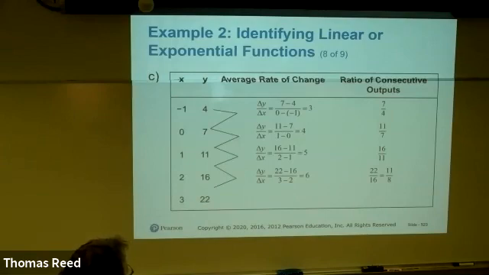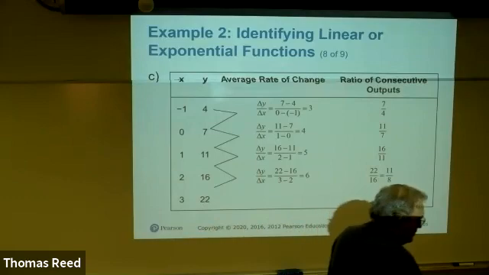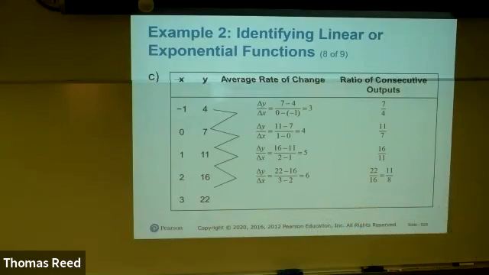Now, in the third example they gave us, letter C, the average rates of change were all different: 4, 3, 4, 5, 6. And the consecutive ratios were all different, and there's only one of them that reduced. They're all different fractions, different ratios. So it is not linear, and it is not exponential.